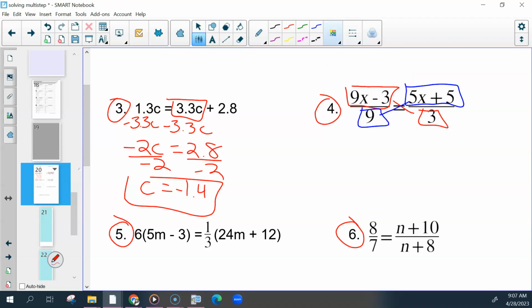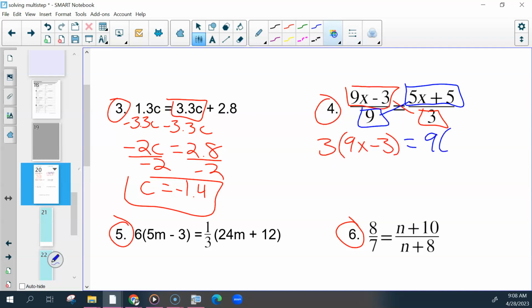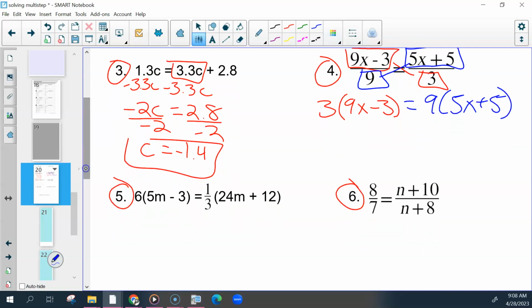So we have 3 times 9x minus 3, and 9 times 5x plus 1. What's our next step?